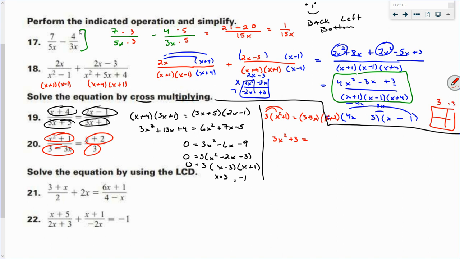Get a little messy. So I get negative 3x squared. Negative 6x and 3x is negative 3x plus 6. So I get 6x squared plus 3x plus 9 equals 0.